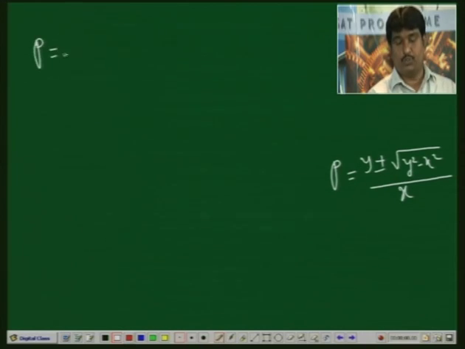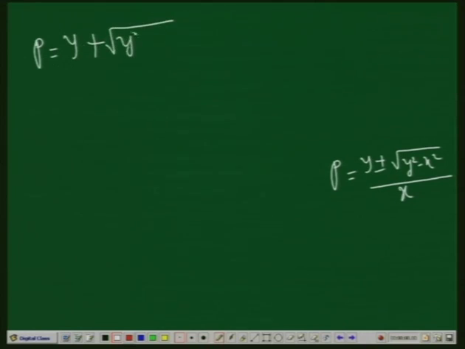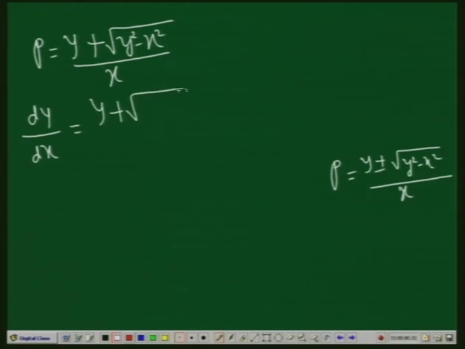P equals to y plus square root of y square minus x square divided by x. Now what is P? P is dy by dx. dy by dx equals to y plus root of y square minus x square divided by x. Now we have to solve this differential equation. I cannot separate the variables.